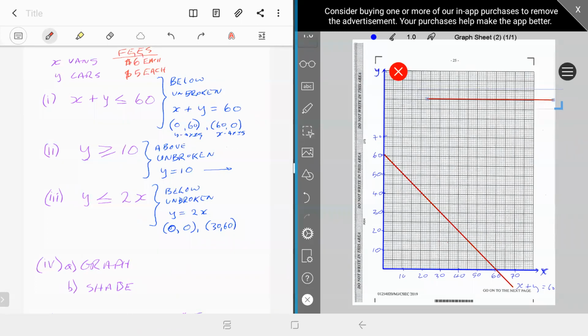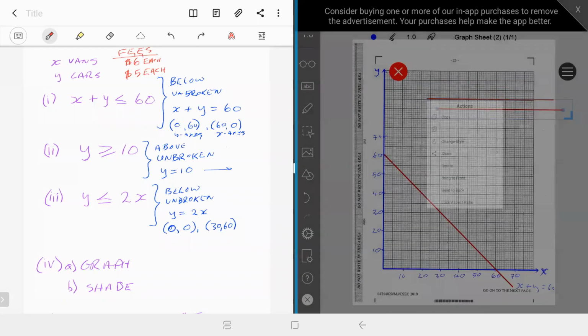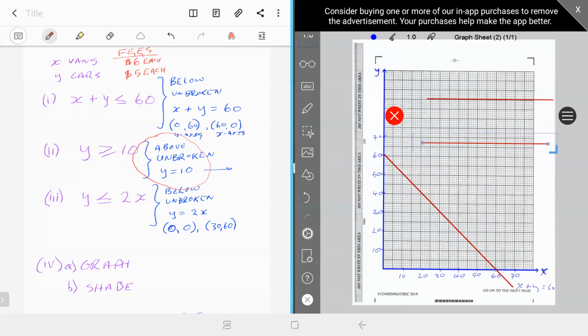Let's see if I can copy this one. All right, I'm going to use this 2. Next one is y equals 10. Remember, see it here? First, though, let us put an arrow on this line pointing down, because it was below.